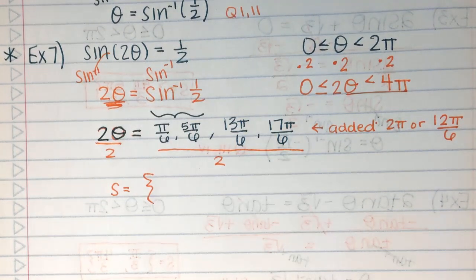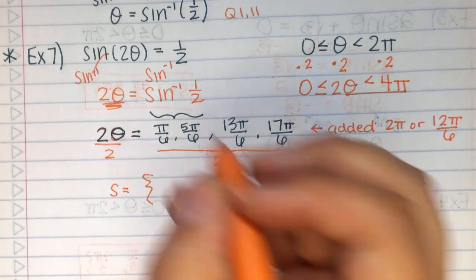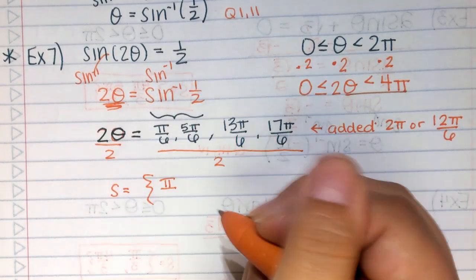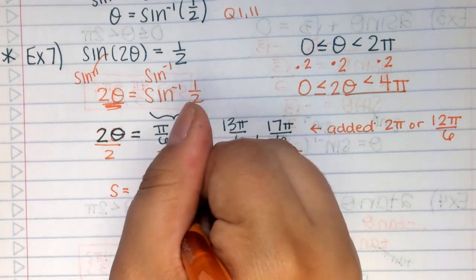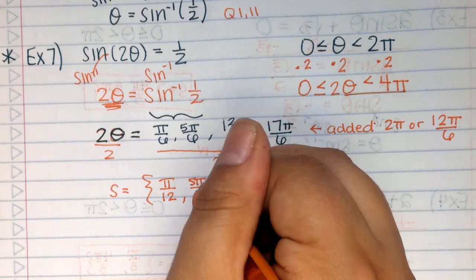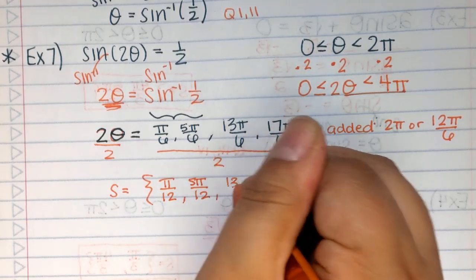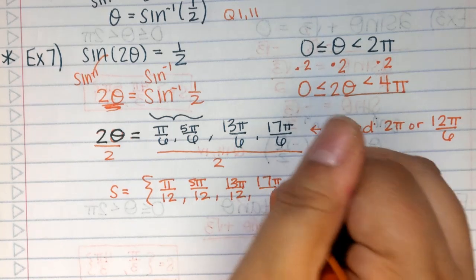What is my answer going to be? Pi over 12, 5 pi over 12, 13 pi over 12, and 17 pi over 12.